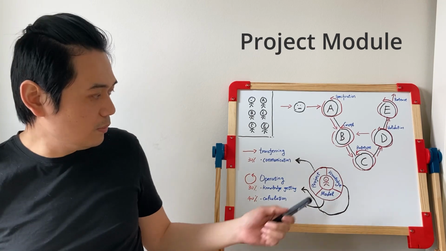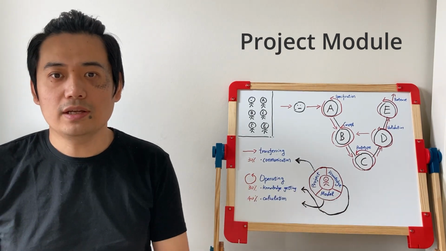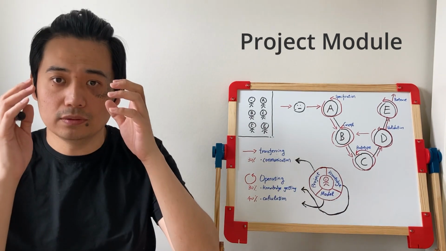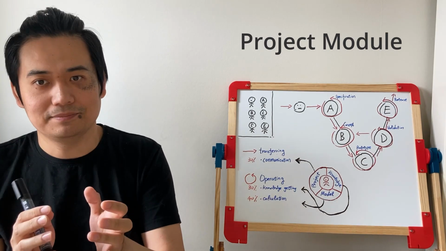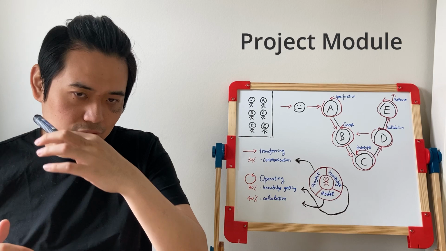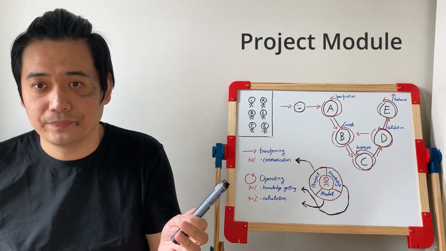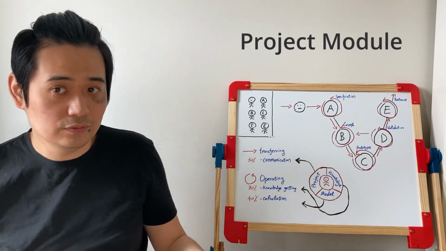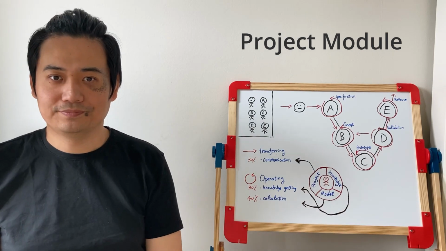So with this module, you can transfer the right data to the right people at the right time. So you don't need meetings anymore, you don't need so many phone calls and emails anymore. And therefore we can solve the communication problem.